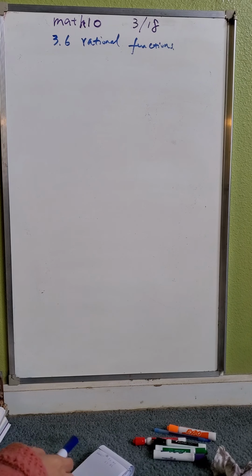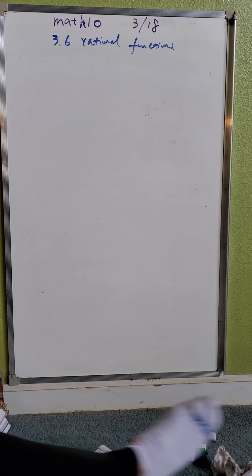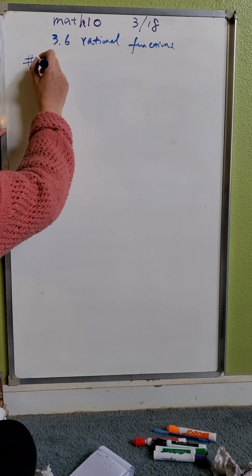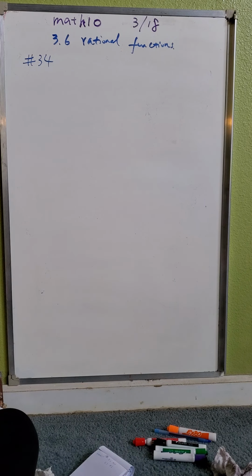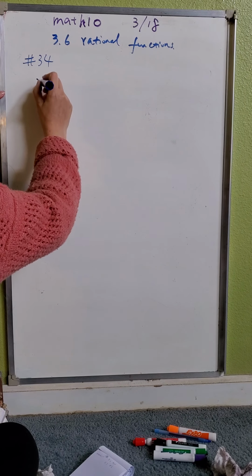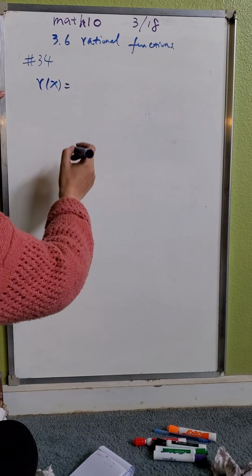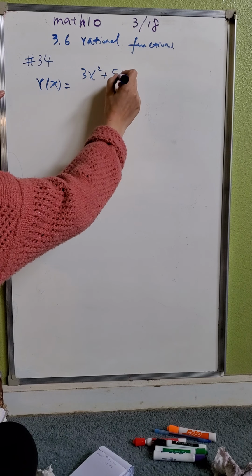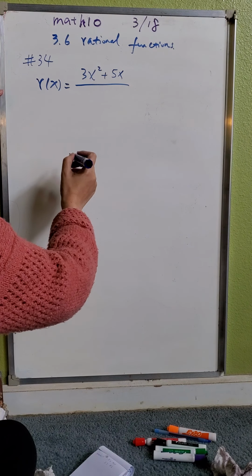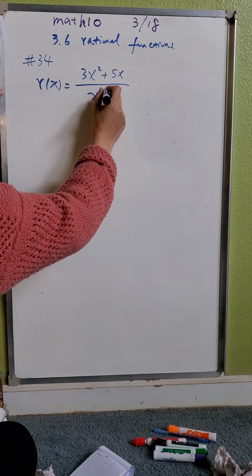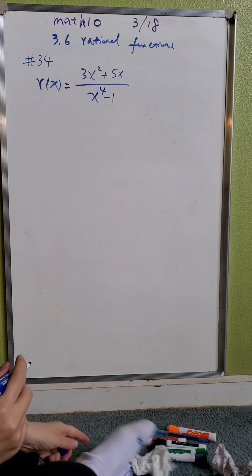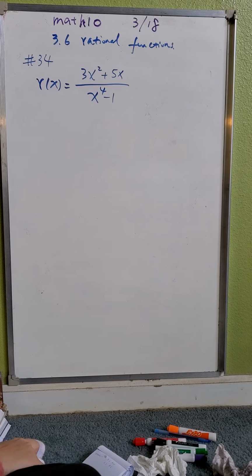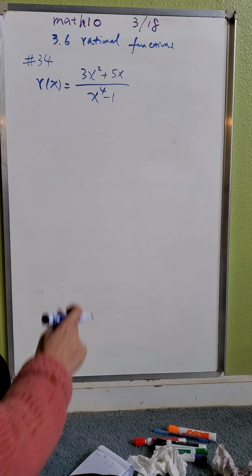The first problem is problem number 34. You are given a rational function f of x equal to 3x squared plus 5x over x to the 4 subtract 1. Find the horizontal and vertical asymptote. Just horizontal and vertical.